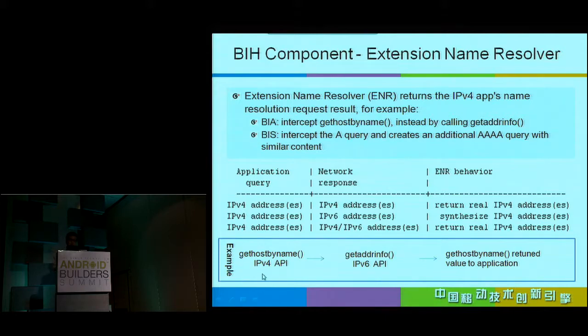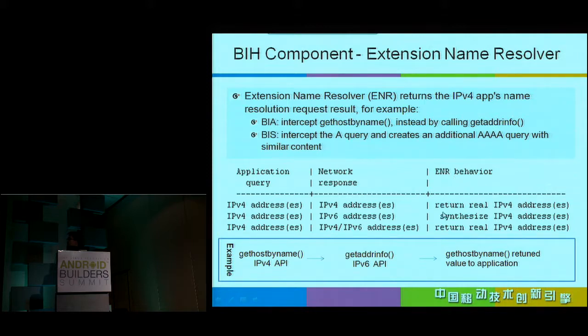But there are some different cases after the getaddrinfo return value. One is that getaddrinfo returns just an IPv4 address. So in this case, the application is in an IPv4 network.